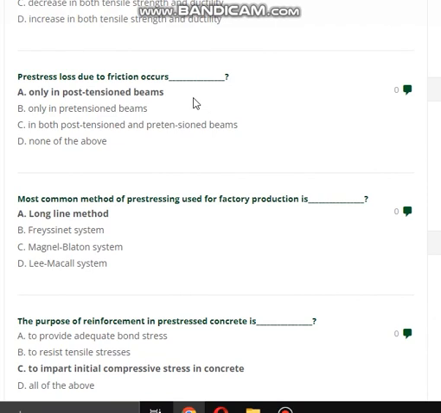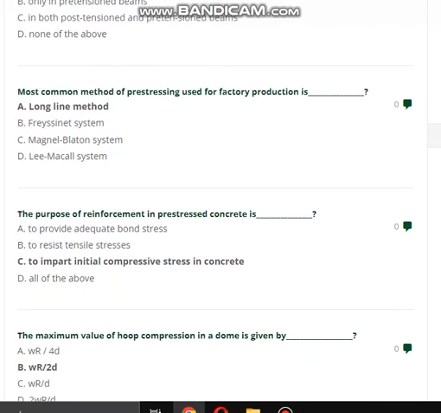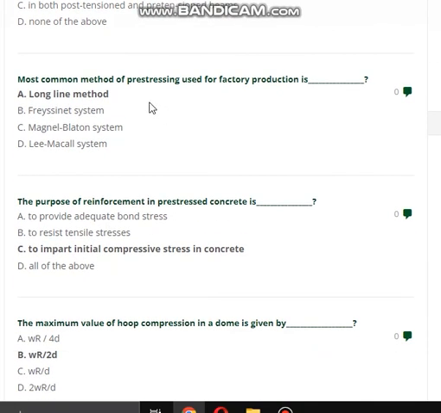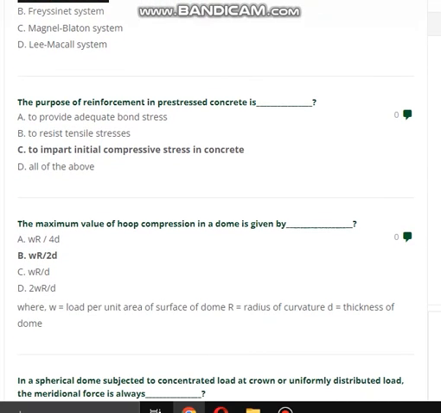Pre-stress loss due to friction occurs only in post-tensioned beam. Most common method of pre-stressing used for factory production is long line method. The purpose of reinforcement in pre-stressed concrete is to impart initial compression stress in concrete.